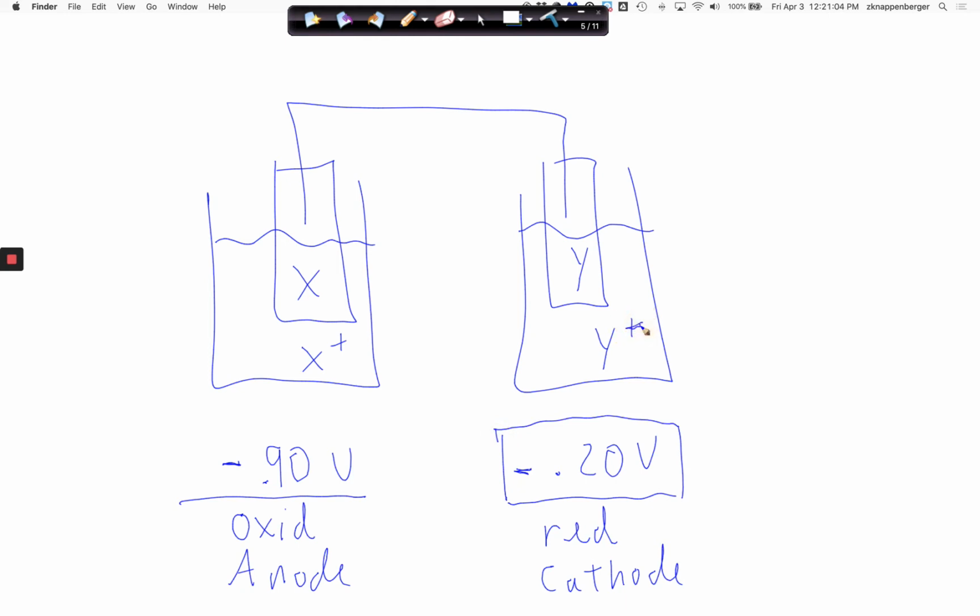That reduction will then be Y plus becoming Y. And then here where our oxidation takes place, X will become X plus. This will be over here on the left where the electrons will be coming from. Those electrons will then move from left to right, coming over here and causing the reduction.